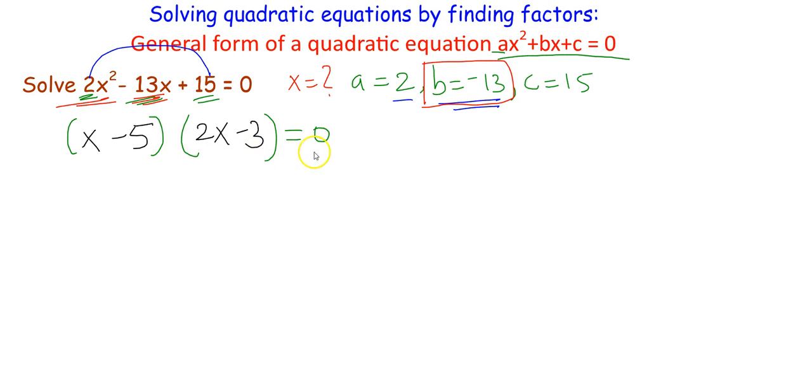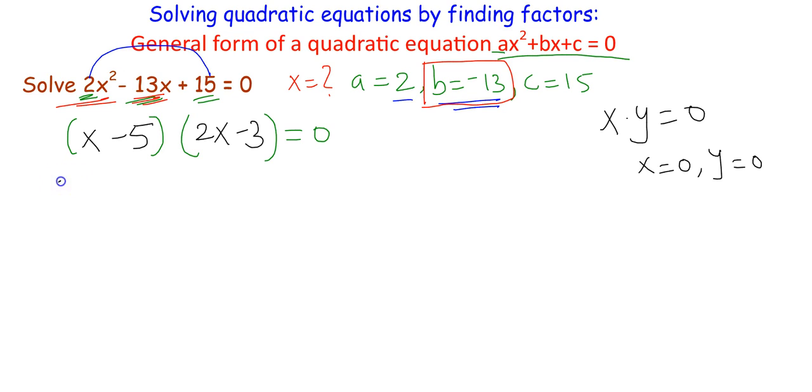Now using zero property, that is, whenever you have the product of two terms, for example, if you have x times y equal to 0, then either x equal to 0 or y equal to 0. Using that concept here, we have x minus 5 times 2x minus 3 equal to 0.